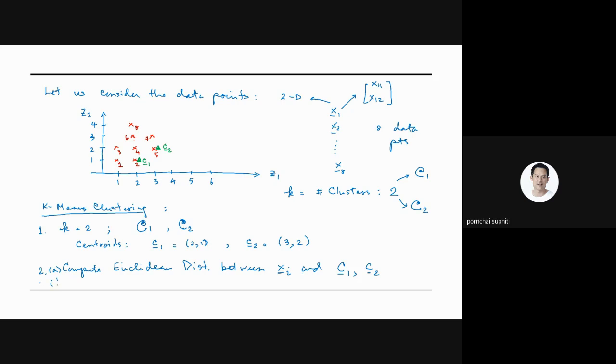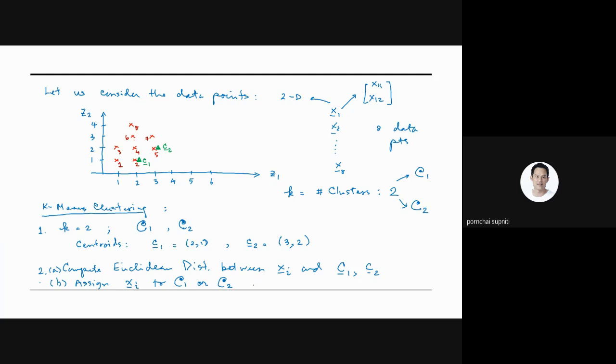And 2b is to assign, once you compute the distance, each data point to either C1, oh, sorry, not the underline, because we're talking about clusters now, either cluster C1 or cluster C2.